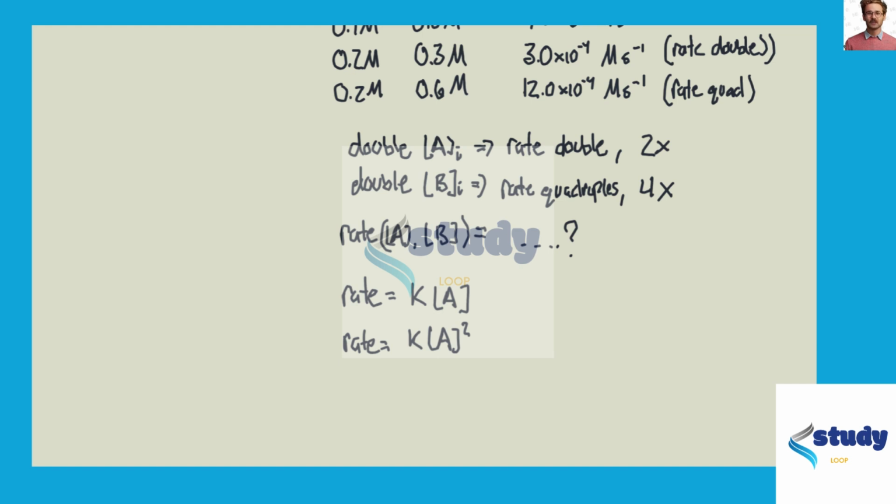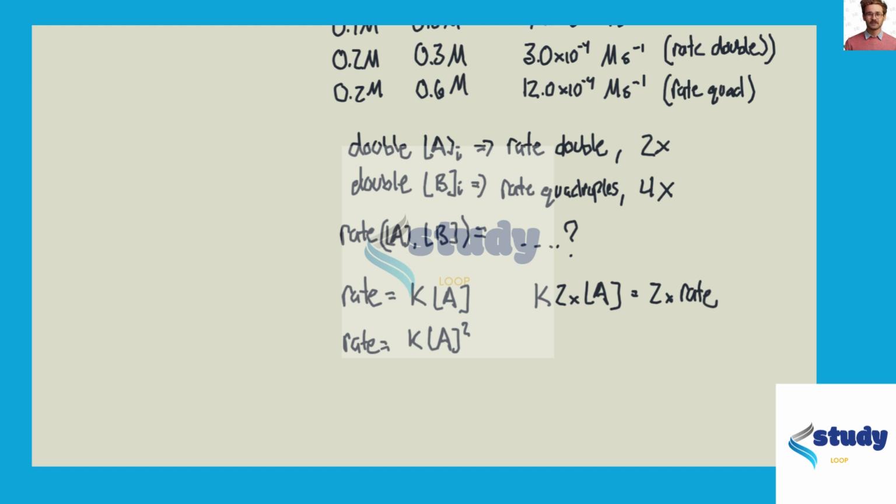And we say that K, and then we do 2 times A. And what we've been told is when we do that, the rate doubles. We get 2 times rate. Okay, well, that follows with being linear in A, because 2k times 2 times A equals 2 times the rate.